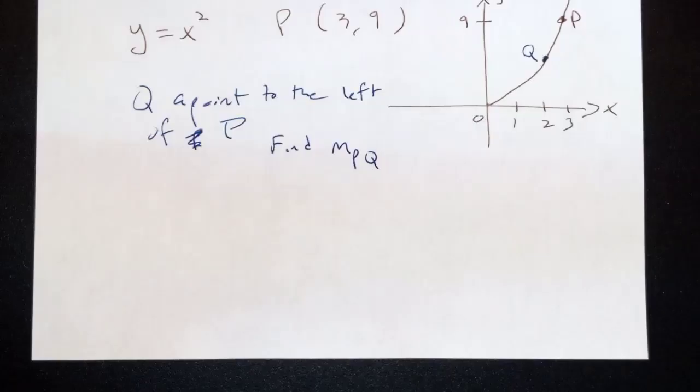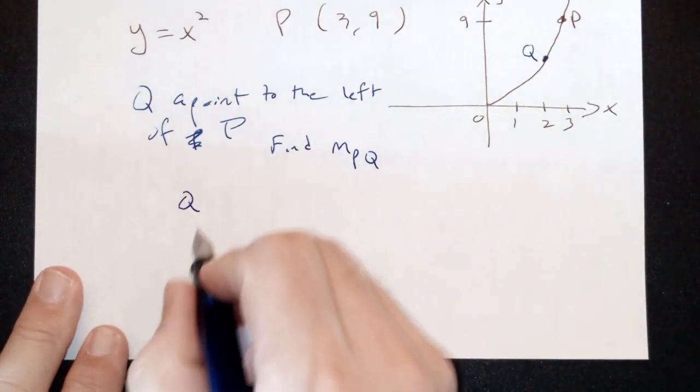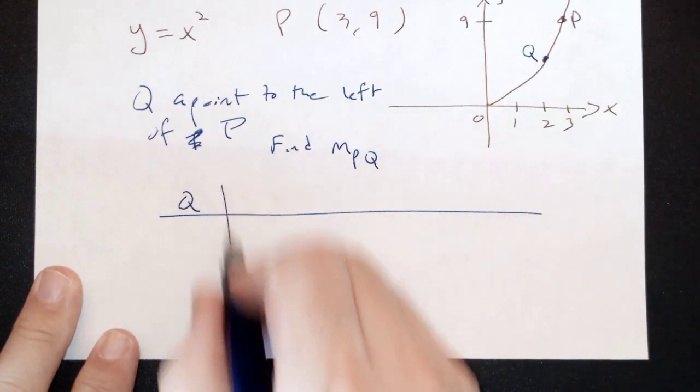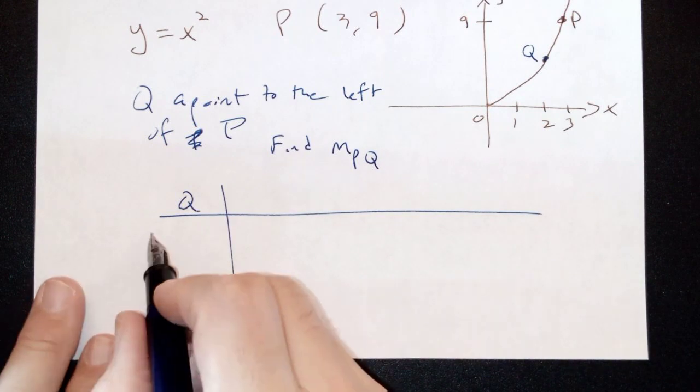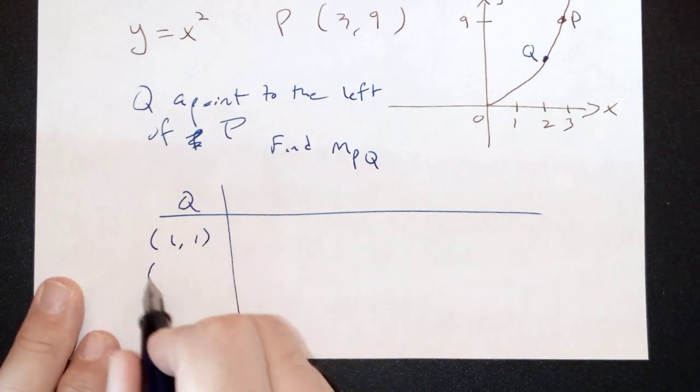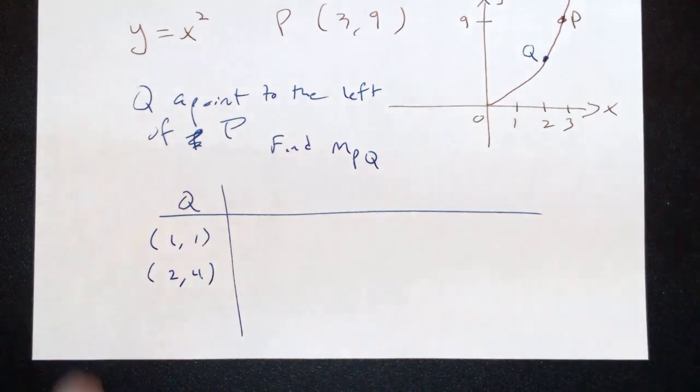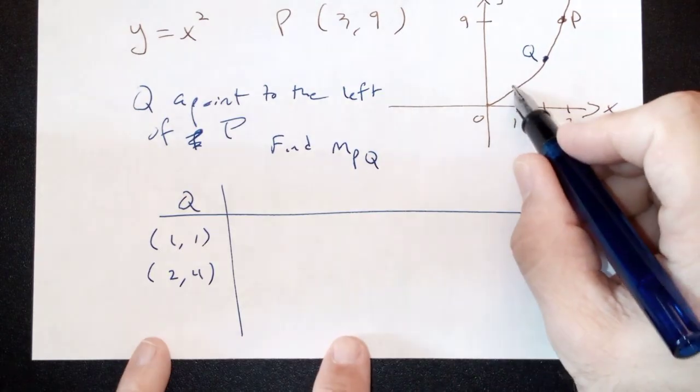Well, that's going to depend on what I pick for Q. Let's start with nice, easy numbers. Here are 2 different choices for Q. We'll start with the point 1, 1 and the point 2, 4.